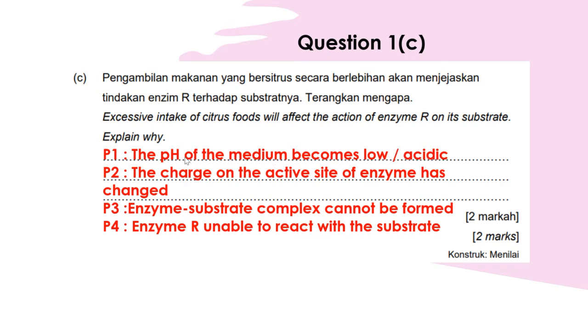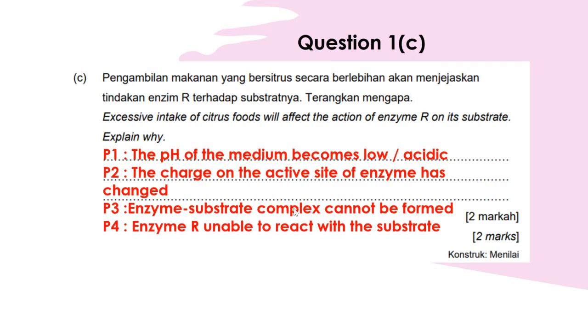And then what happened when the enzyme is in an acidic medium? It will cause the charge on the active site of the enzyme to change. Next, point number 3, the enzyme substrate complex cannot be formed.